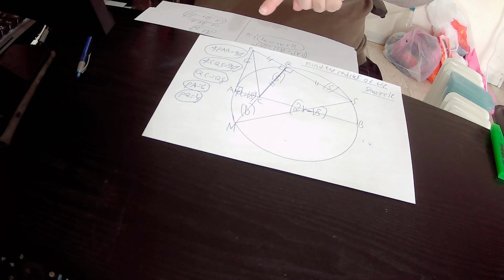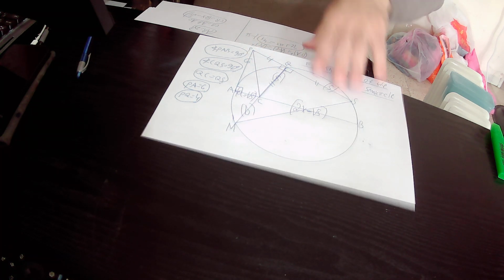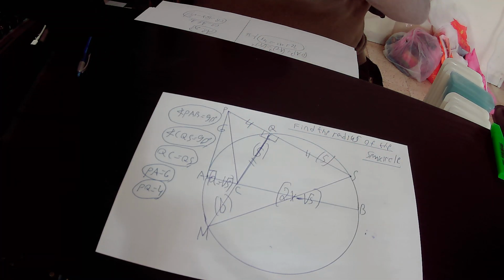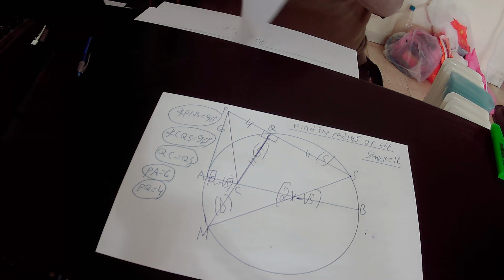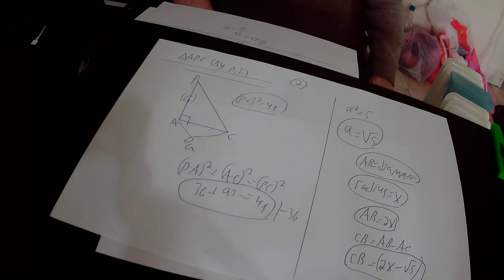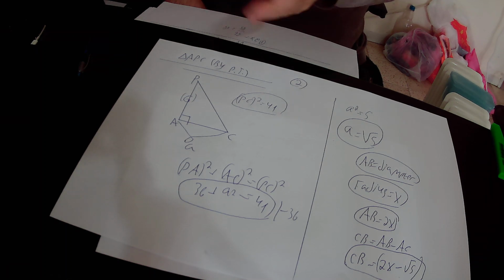Then I copied the right triangle PAC in a new page and we implemented on this right triangle PAC the Pythagoras theorem. This is the right triangle PAC that I copied from the original drawing. Side PA equals 6 units according to what is given in the question.